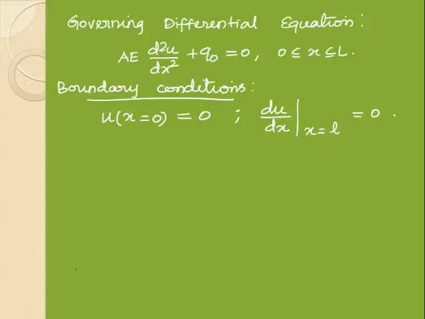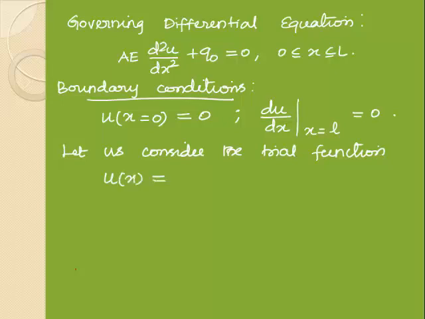So first, let us consider the trial function. Here u is the displacement. So u of x can be considered as a0 plus a1x plus a2x square, a3x cube, which continues.